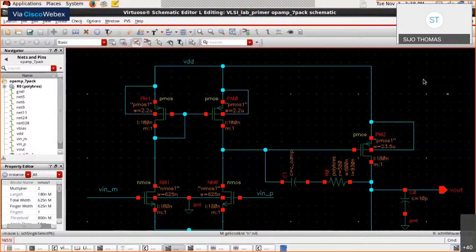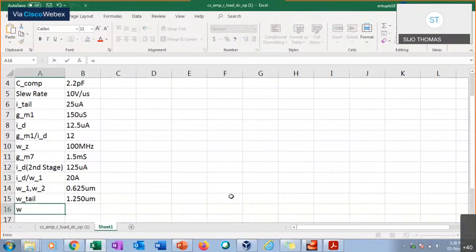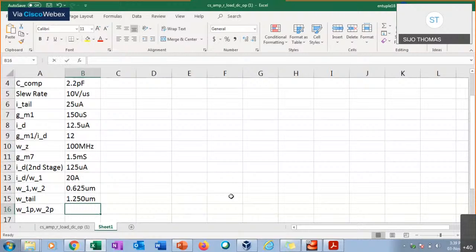So W1 and 2, or 1 comma 0, we are getting it as 2.2 U, right? We got the current density value as 5.27 and current we already know, 12.5 micro. So 12.5 by 5.27, that is W of PMOS, W underscore PMOS 1 2. Yeah, that turns out to be 2.2 U.